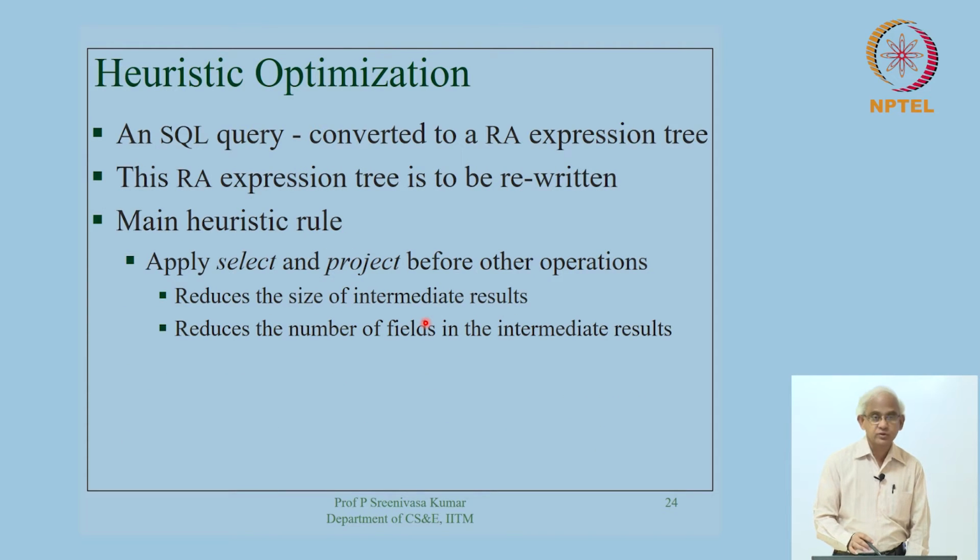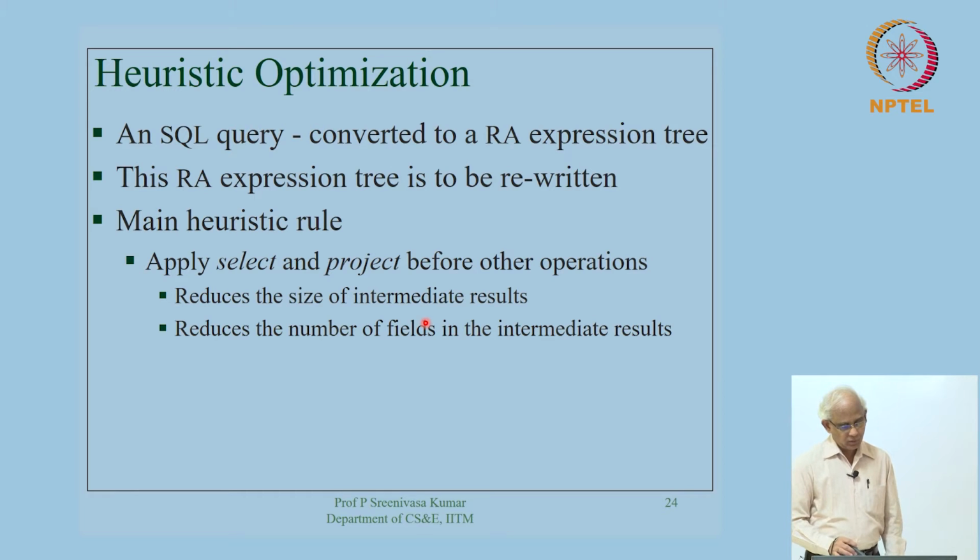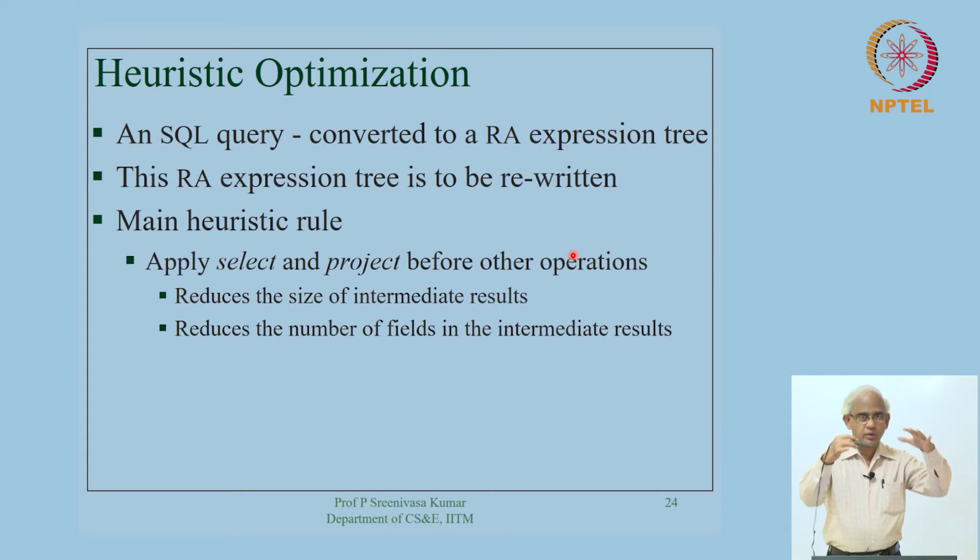So, let us focus a little bit on this heuristic optimization. The main heuristic rule that we will use is to apply the select and project operations before other operations are applied. That means, from a relational algebra tree point of view, if you find a select operator, try and push it to the leaves. What is a relational algebra tree? At the base, at the leaf levels, we will have the actual base relations that are available in the database, right?